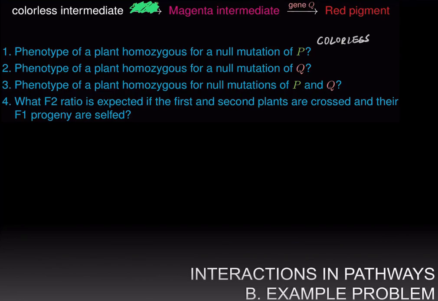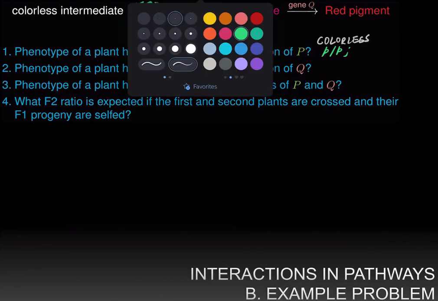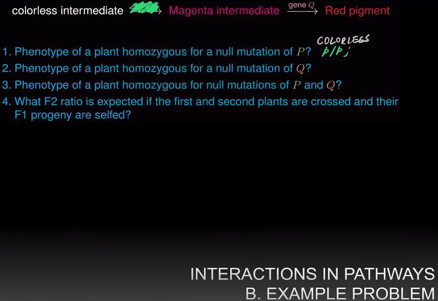Furthermore, let's write down the genotype of these plants, and we will assume that the genes are unlinked. And so this individual would be little p over little p, and we will assume that they are homozygous for Q, and so they will be big Q over big Q.